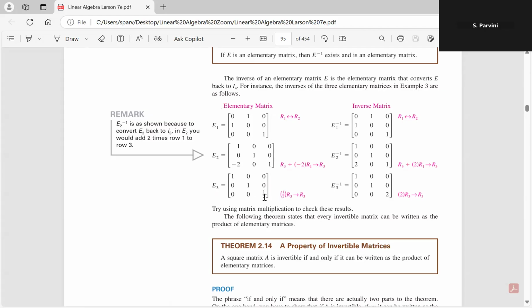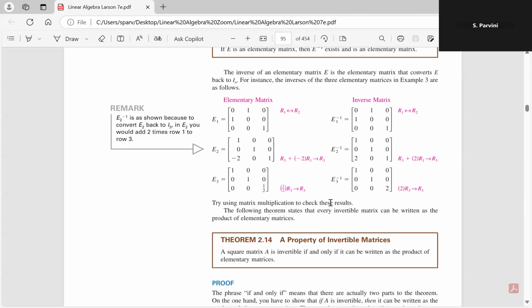If you multiply any row by a constant for the elementary matrix, you do the reciprocal of that for the inverse. So he's showing you how to get the inverse of elementary matrices using elementary row operations: constant multiplication, switching rows, and adding a constant multiple of a row to another row.